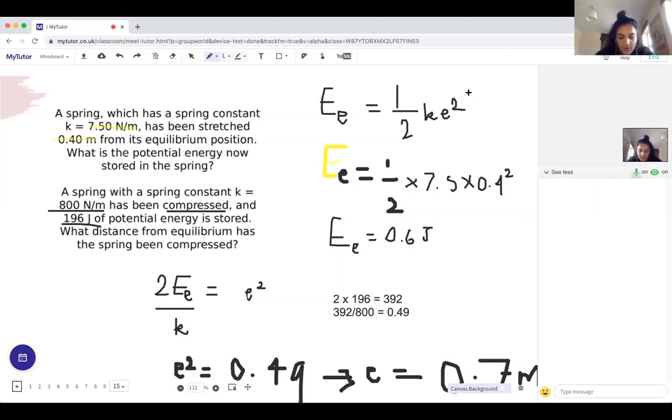Does anyone want me to go back to the slide and explain it again? Okay, it doesn't look like anyone's got any more questions, so we can do another example question.